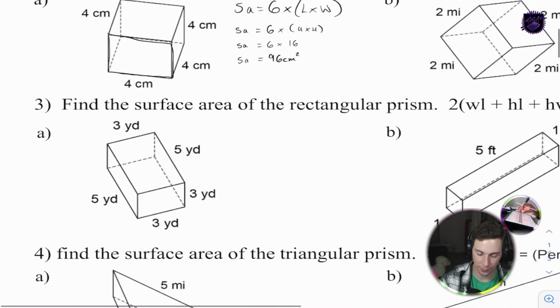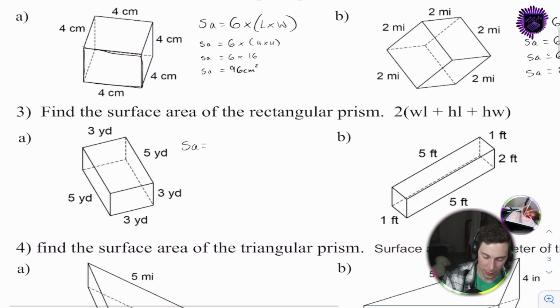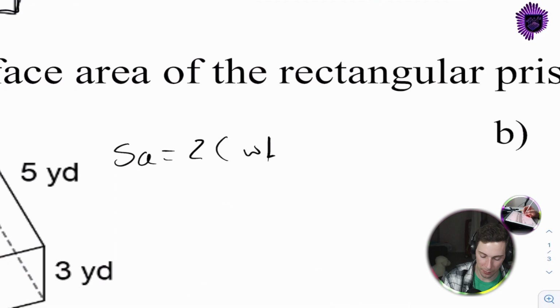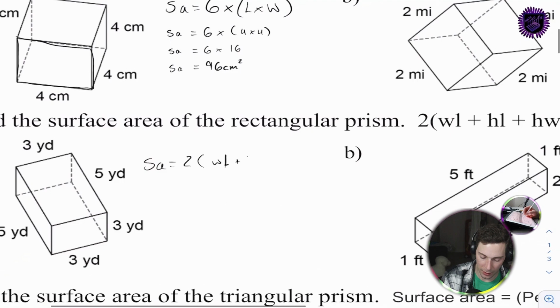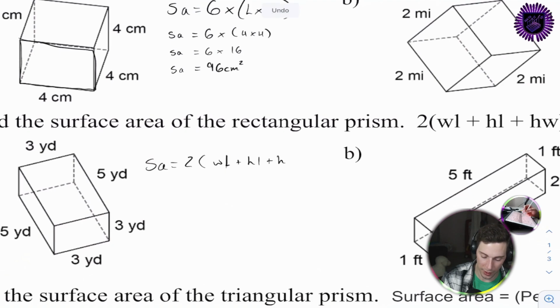So surface area will be equal to 2 multiplied by, 2 times width times length, plus height times length, plus height times width.